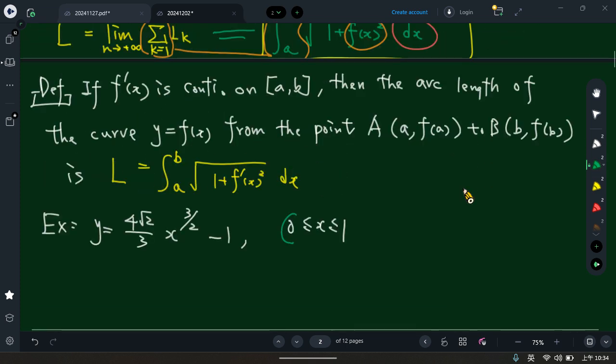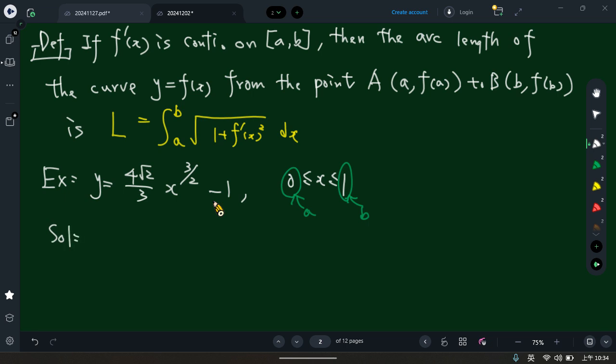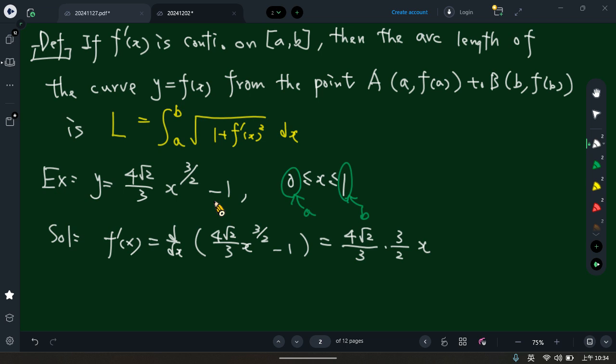This is the start point A, this is the end point B. Following this, the first step is to get f prime of x. We simply differentiate f of x, and the result is 4 times the square root of 2 over 3 times 3 over 2 times x to the 1/2, because 3 over 2 minus 1 is 1/2. This is the first step.